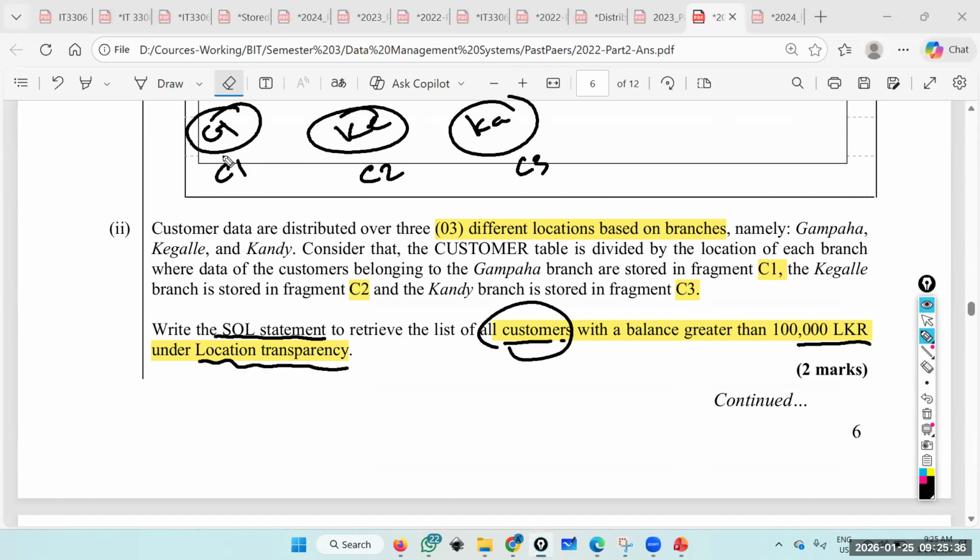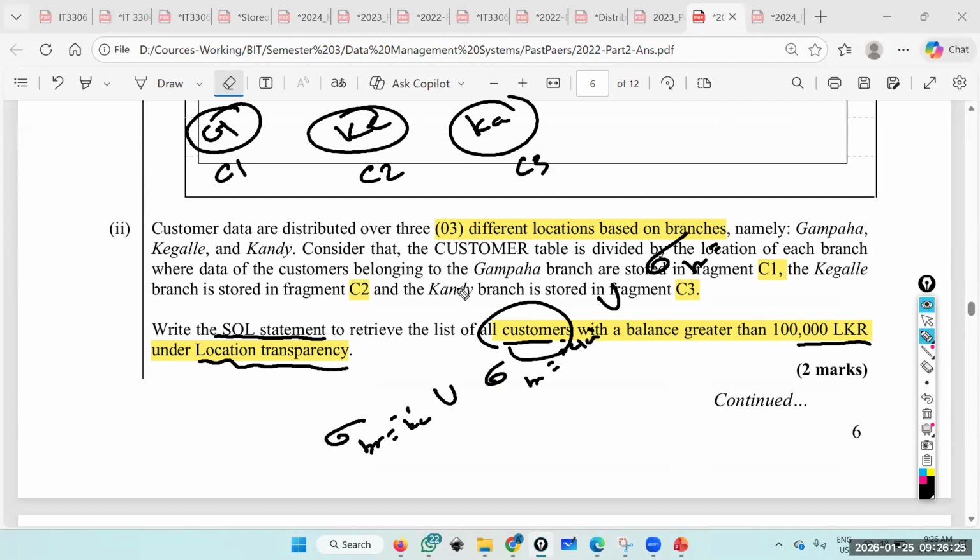So already this is horizontally fragmented. So you need to take the union of those, the union of C1, C2, C3, but rather than C1, C2, C3, you can say maybe sigma branch equal Kandy, union sigma branch equal Gampaha, union sigma branch equal Kegol. Actually those are C1, C2, C3.